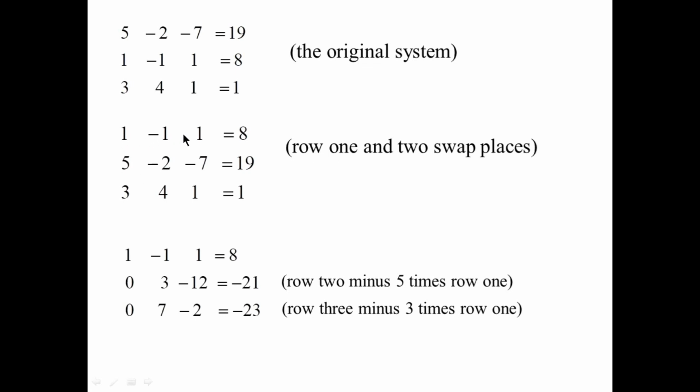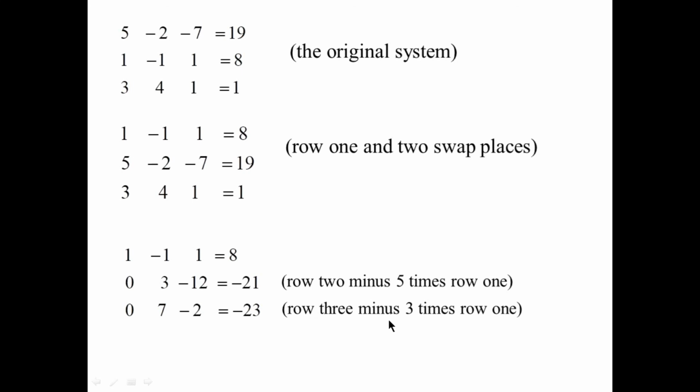You copy across the first one, copy it, and then you have to think 5 minus 5 times that. Negative 2 minus 5 times that, so that'll be plus 5. Negative 7 minus 5 times 1, that's negative 12. 19 minus 5 times 8, so it's 19 minus 40.